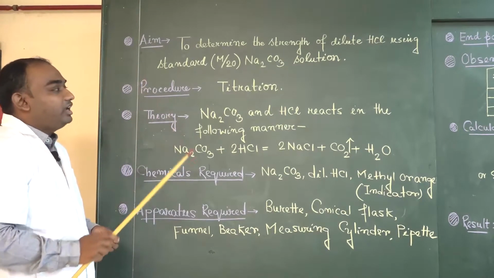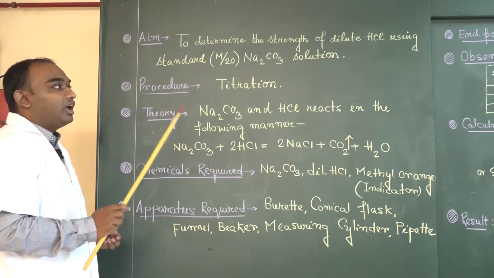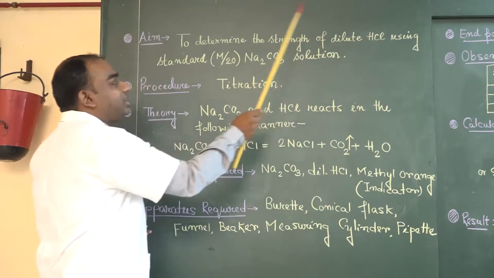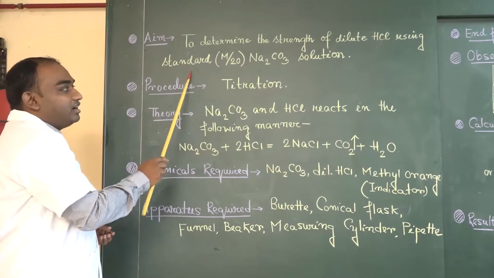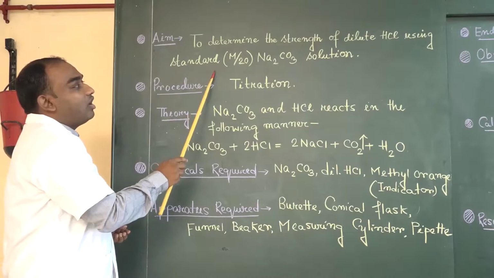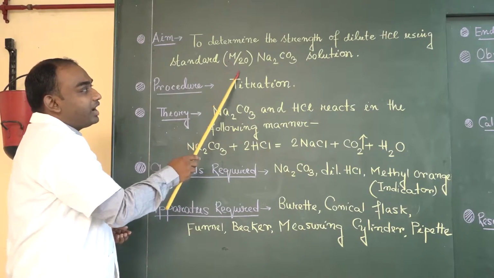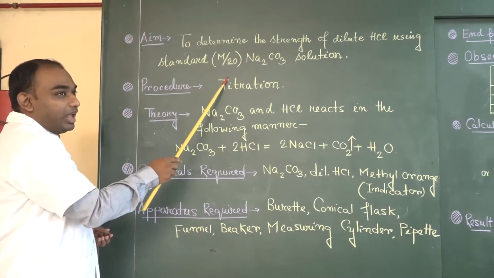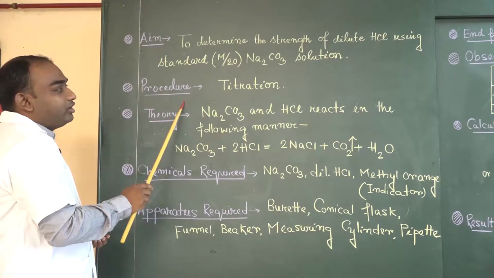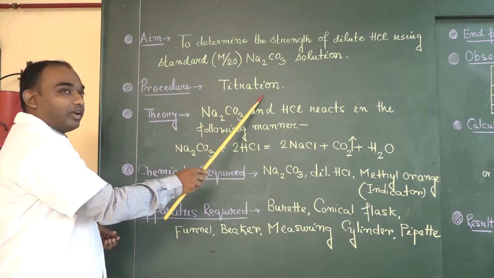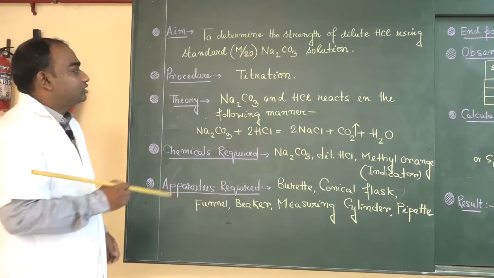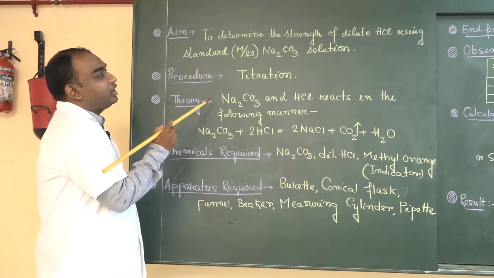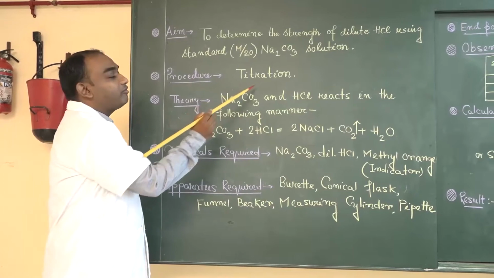We will try to find the strength of the unknown solution, in this case dilute HCl, with the help of a standard solution whose strength is already mentioned as M/20. What is M? This capital M stands for molarity, and this we will perform with the help of titration.